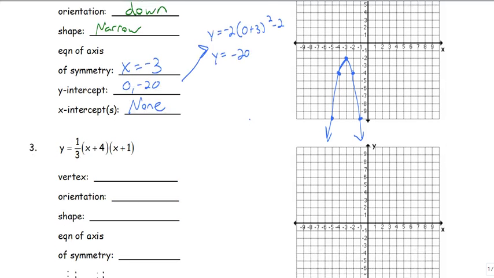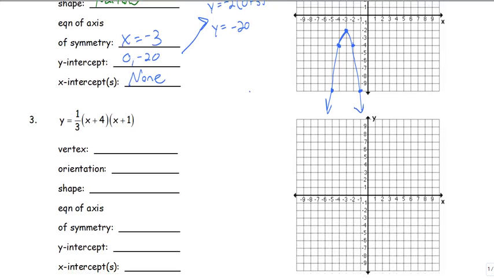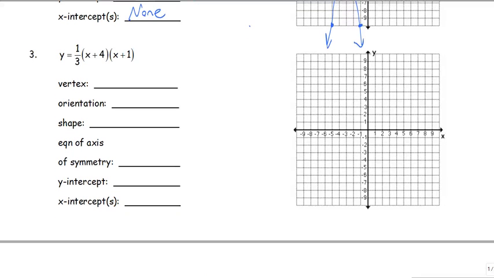All right, this third form is called intercept form. The reason why this is also called factored form is because we can get our x-intercepts right from here. Okay, if we set both of these equal to 0, that's when y will be 0. So right away I can put my x-intercepts down here as -4, 0, and -1, 0.